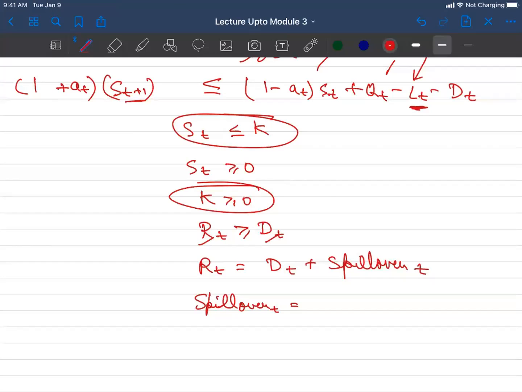Excess water above reservoir capacity. Tell me everything in terms of S_t+1 minus A_t. So also S_t+1, which will have this coefficient. Yeah, this coefficient has stuck with it, something like that. What would be the spillover? Put that into this formula.